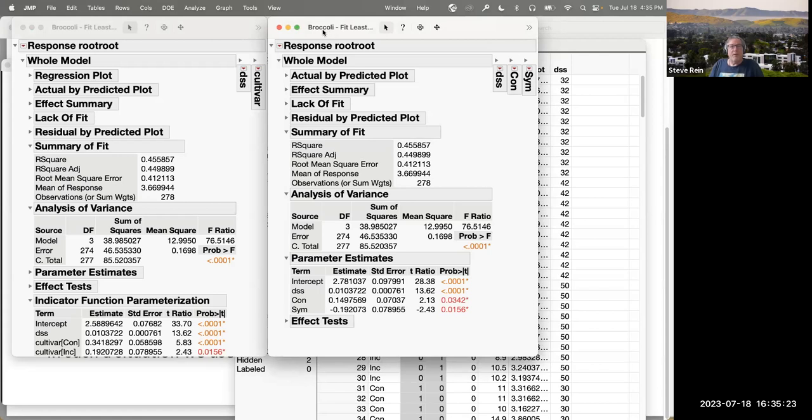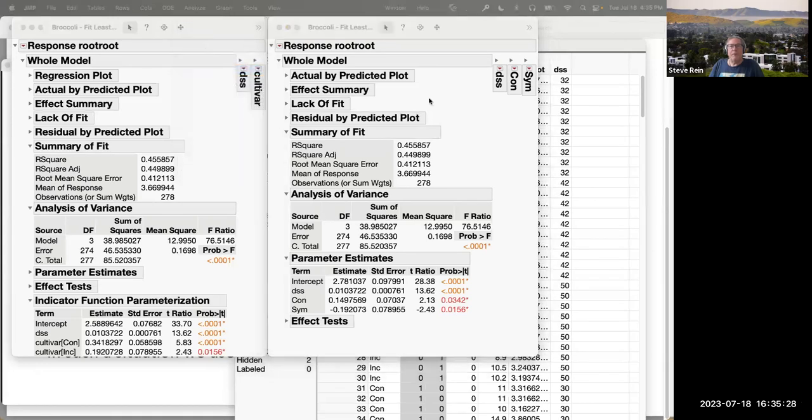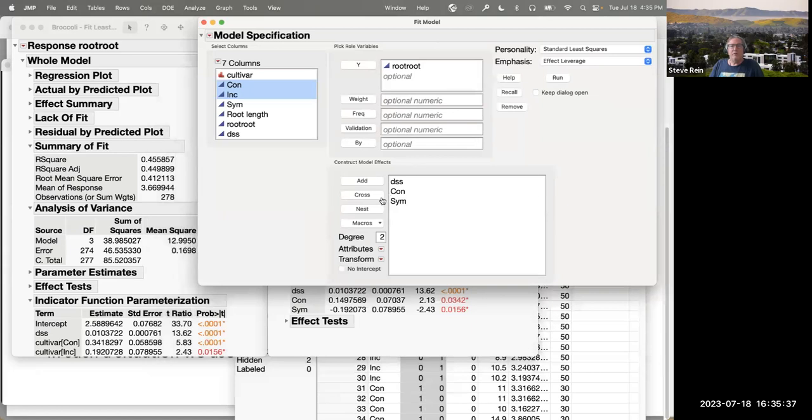If I want to do a reduced model, I could choose to fit the model with, instead of DSS, con, and sim, DSS and just sim alone. That would be using con and ink together as that reference group. It's fitting two trend lines, one for the sim group, and the other two lumped together.